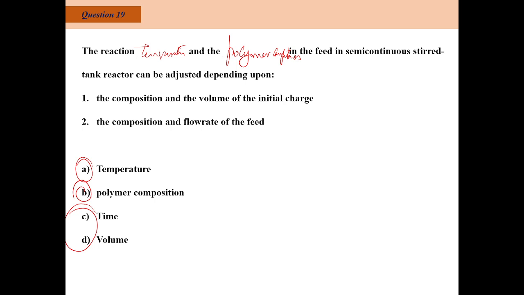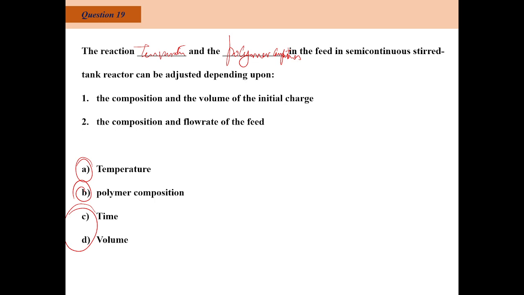Even if we go deeper, there can be multiple views. Definitely reaction time can depend upon the initial charge and feed. So I think multiple options can be obtained, since I myself put the other two options, and that makes the whole question a bit confusing.